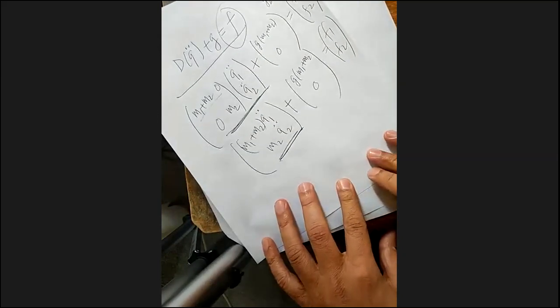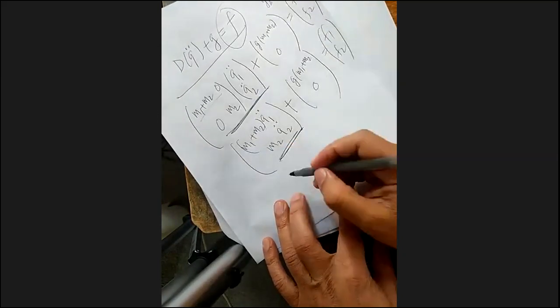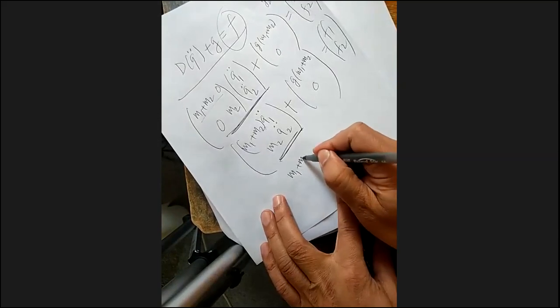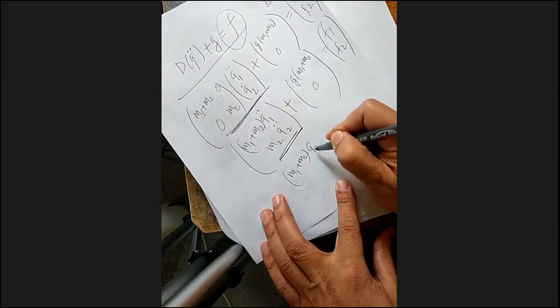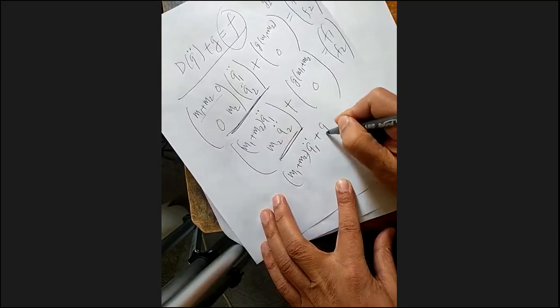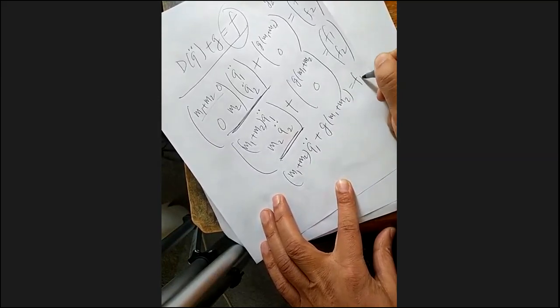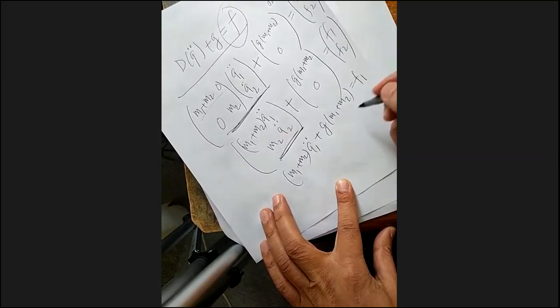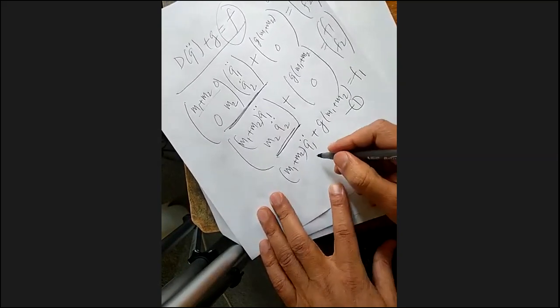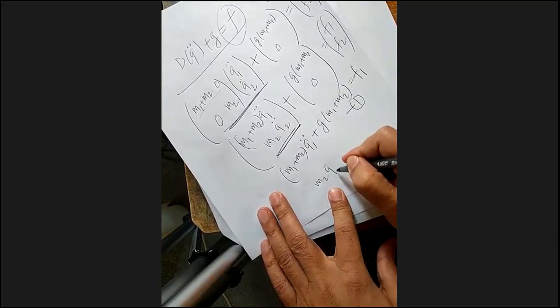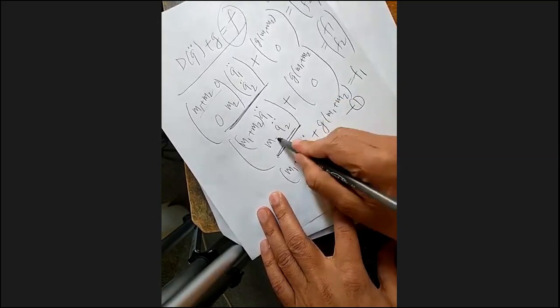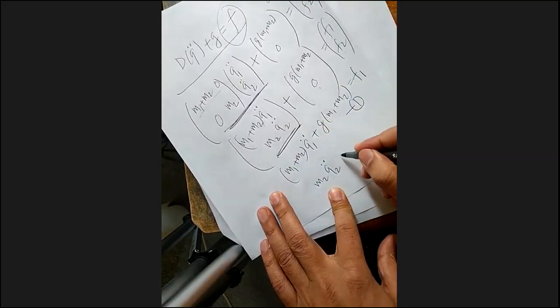Now you have two equations. Equation 1: (M1 plus M2) q1 double dot plus g(M1 plus M2) equals F1. Then M2 q2 double dot plus 0 equals F2, so simply F2.